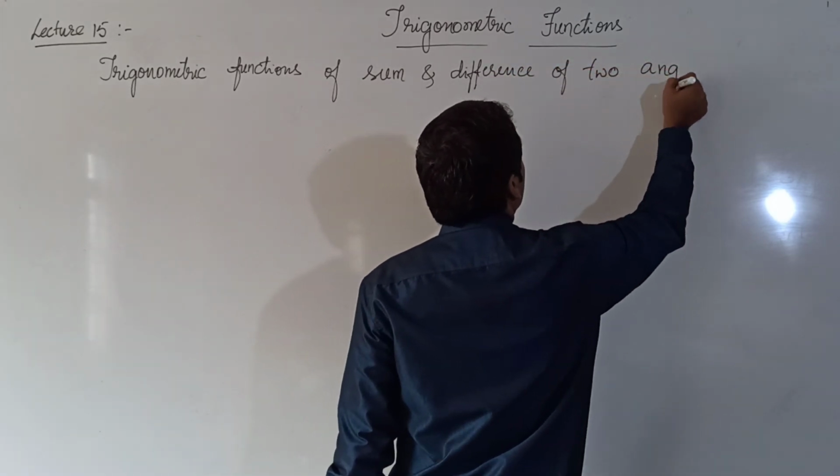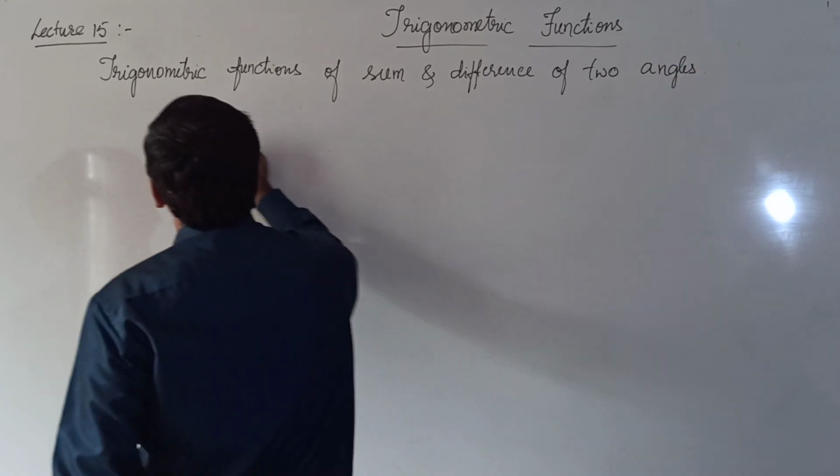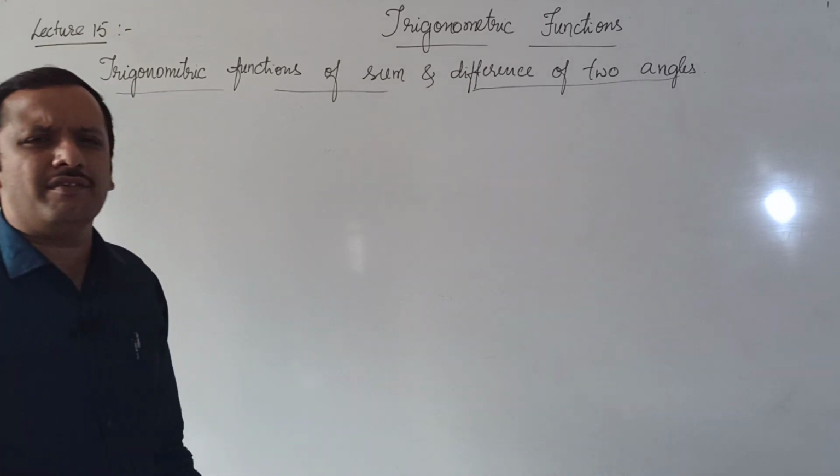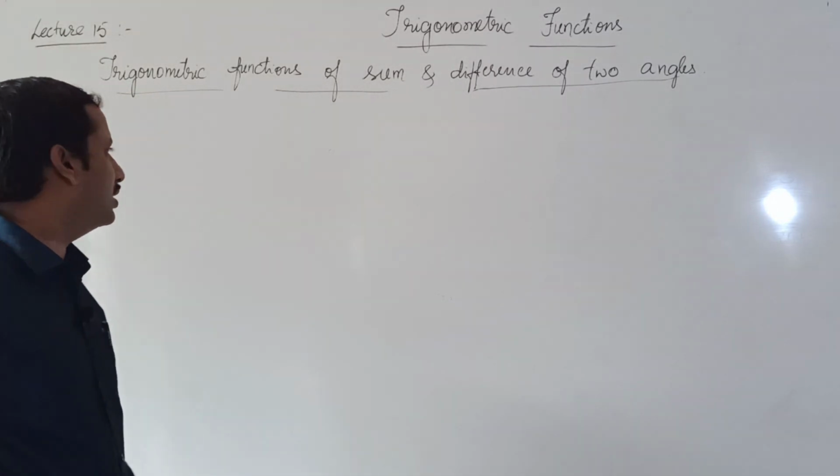First, I will derive a formula for the trigonometric functions of sum of two angles, and with the help of that we will obtain all the other formulae. Now, this formula we know already. Sin of minus x is equal to minus sin x. Cos of minus x is equal to cos x. This is well known to you.